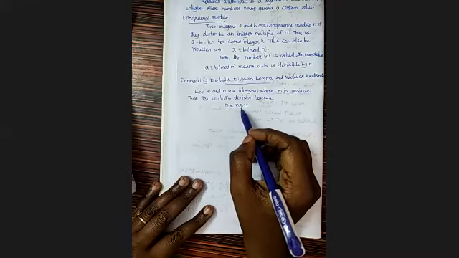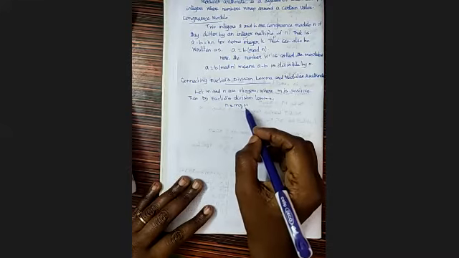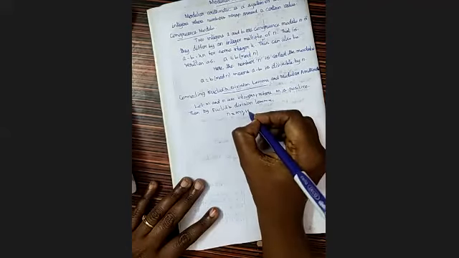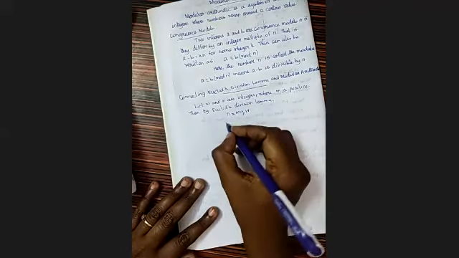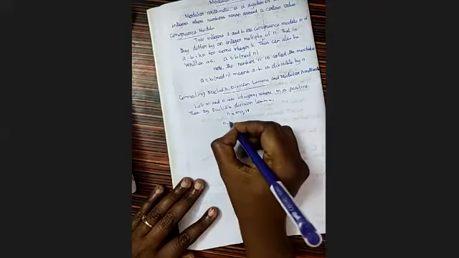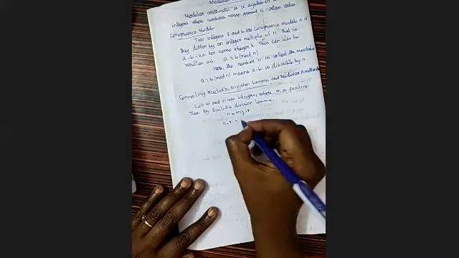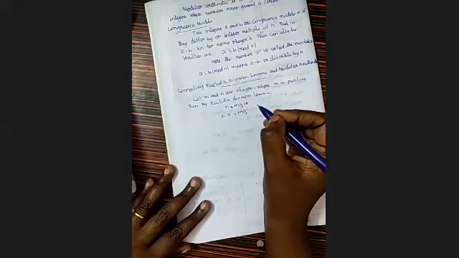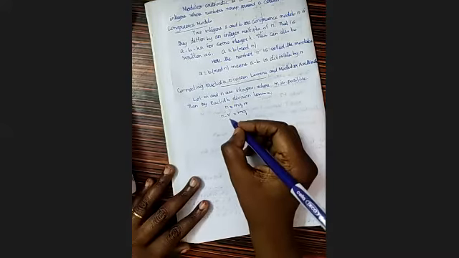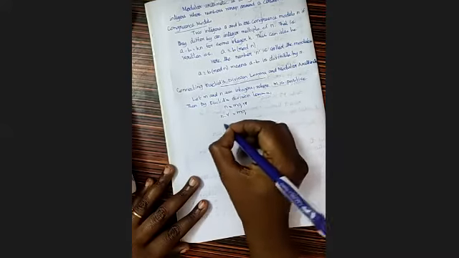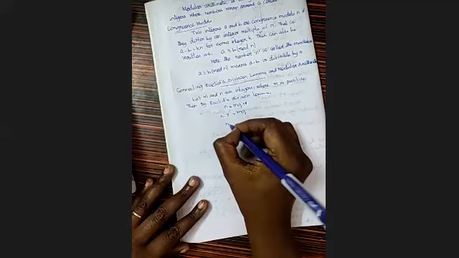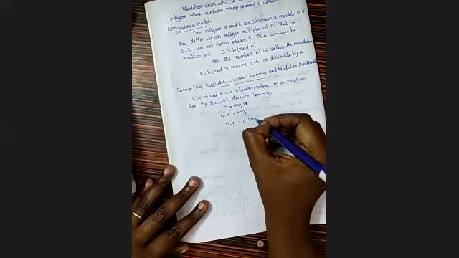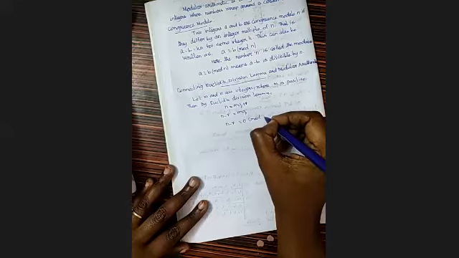Next, we are going to connect this with modular arithmetic. When we bring this plus r to this side, it becomes n minus r equal to mq. That is, n minus r congruent to 0 mod m.